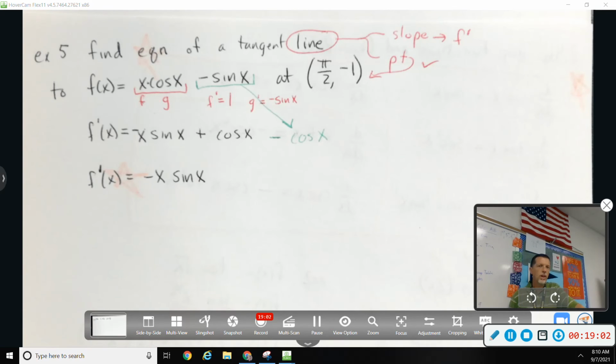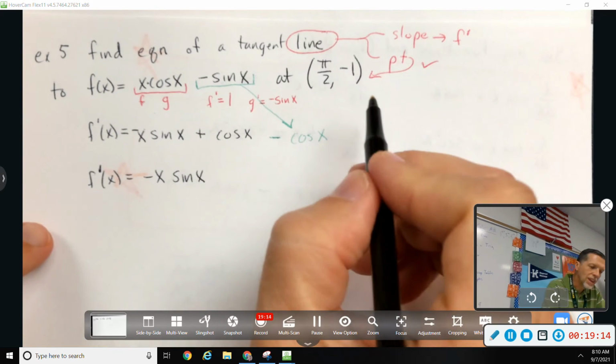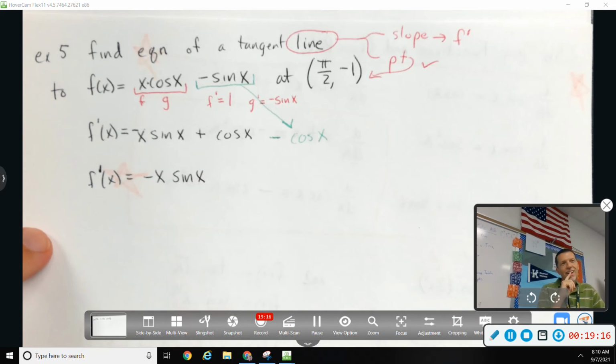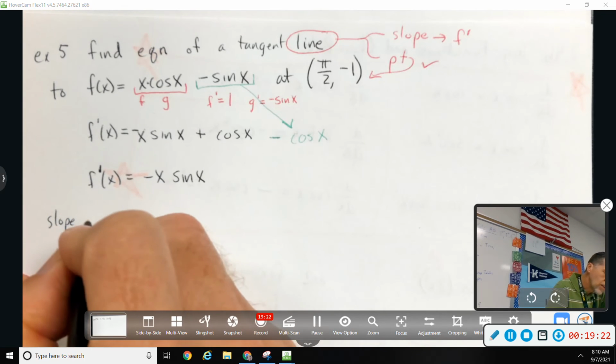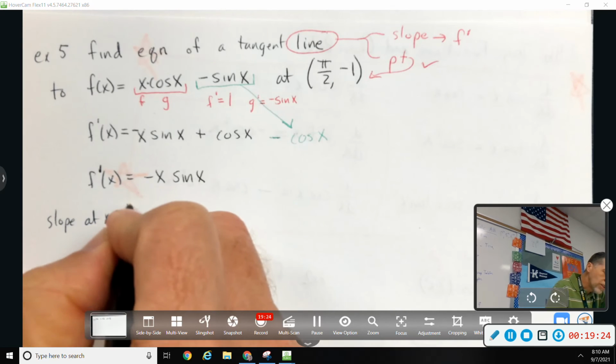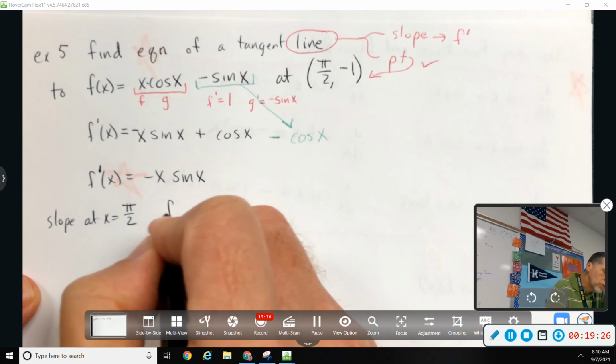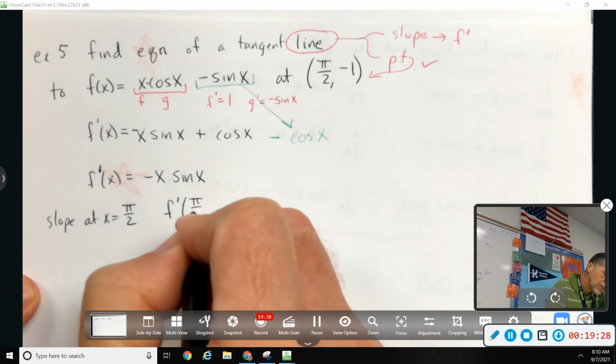Okay, what's the point? Like, where am I going with this? What do I need to do next? Plug in what? Plug in pi over 2, because that will tell me, what will that tell me? The slope at that point. So the slope at x equals pi over 2 would be f prime at pi over 2.